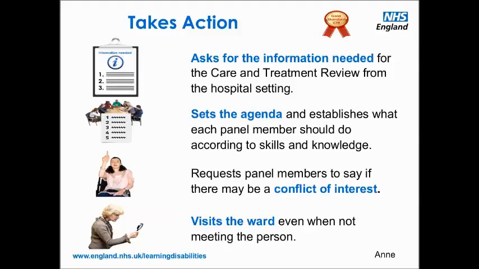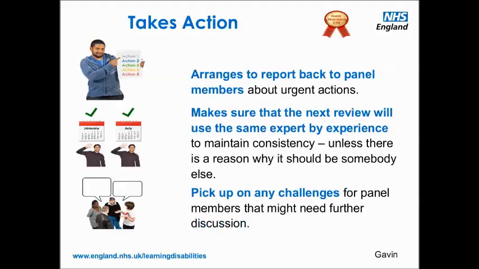After the care and treatment review takes place, it arranges to report back to panel members, and that means giving them feedback about the urgent actions, because there might be something holding up those urgent actions that the panel might need to reallocate to somebody else to take on those responsibilities.